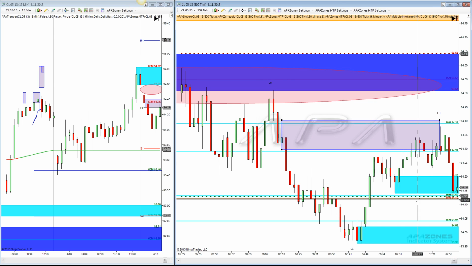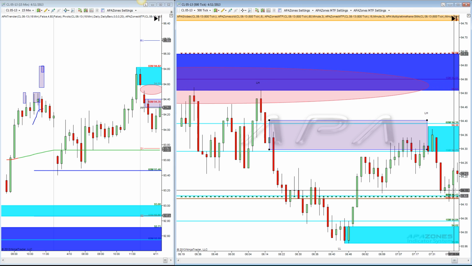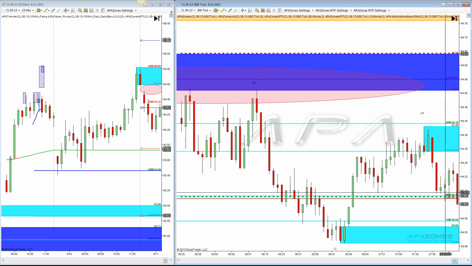All right, and it's coming back down to our Globex low level here, so I wouldn't be surprised if this acts as a little bit of support for us. Okay, so let's see if that happens. All right, so we have a new zone being branched out there, right? So that's kind of how I see that. A little bit of support there off of the Globex level, and then pops through it.